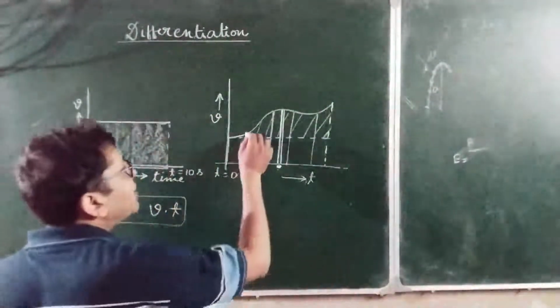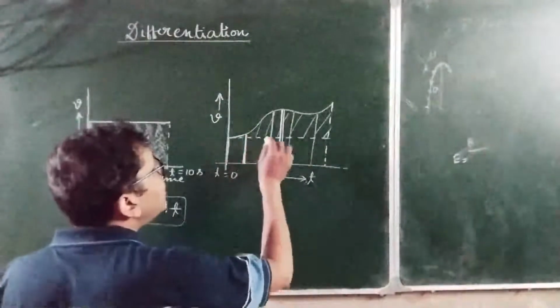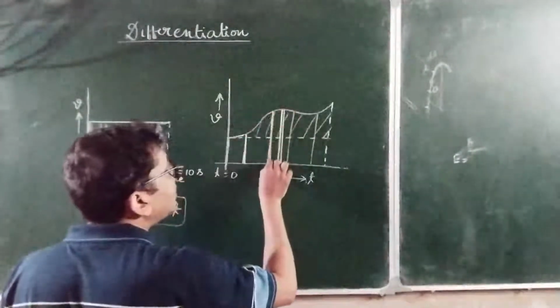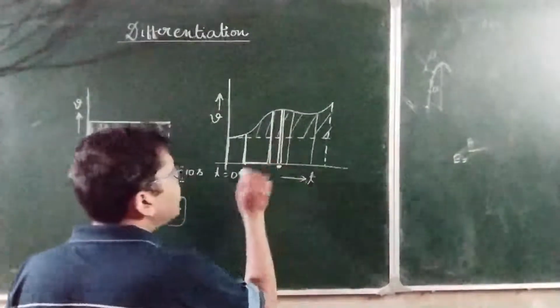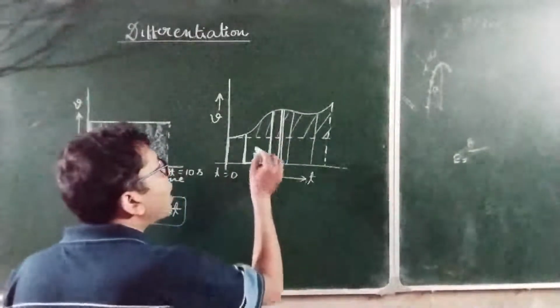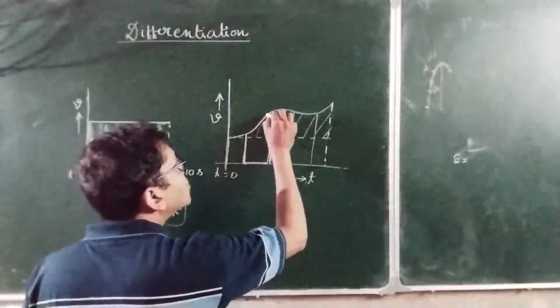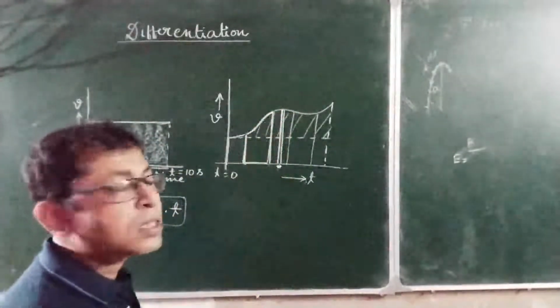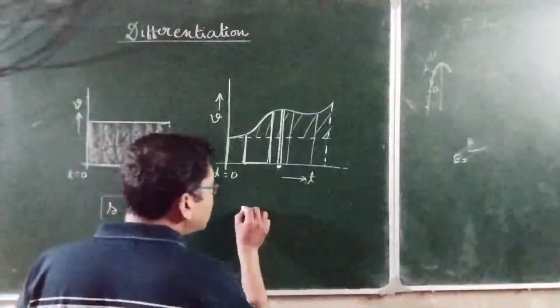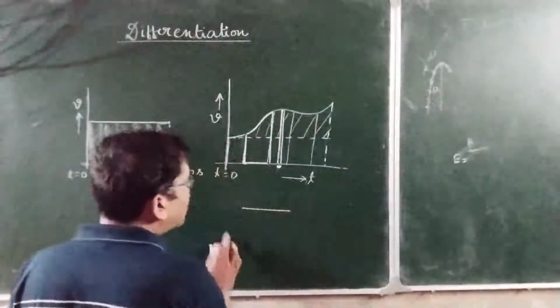When you take a comparatively longer time interval like this, suppose I am taking this time interval, what about this part? This part is a curvature. This part is not a horizontal flat line like this.